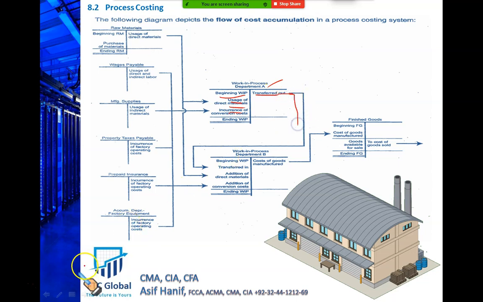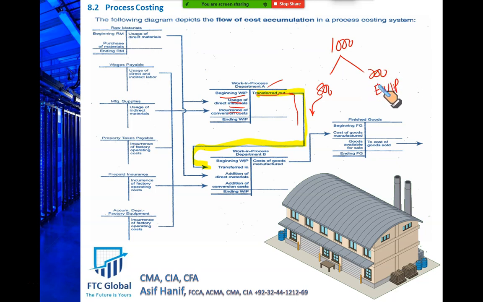As you can see, this is now moving out from process 1 or process A and it goes out to process B. Now let's say we had 1000 units overall for the period. Out of this, 800 units are being transferred to the next department and the remaining 200 are in work in process, called the ending work in process.